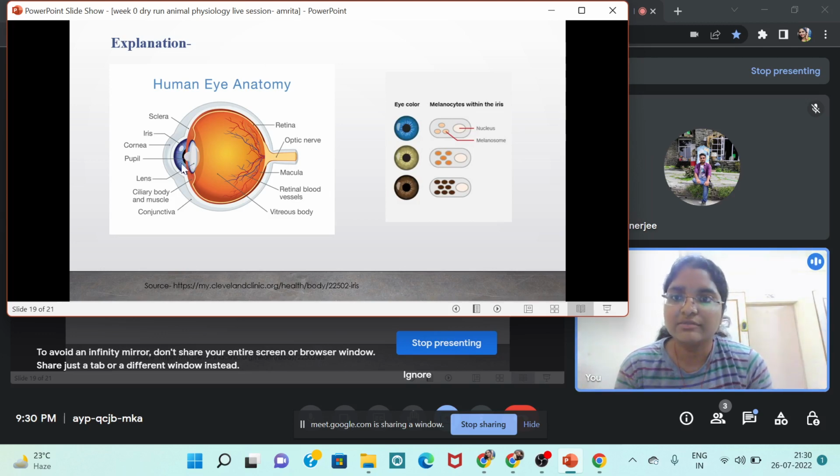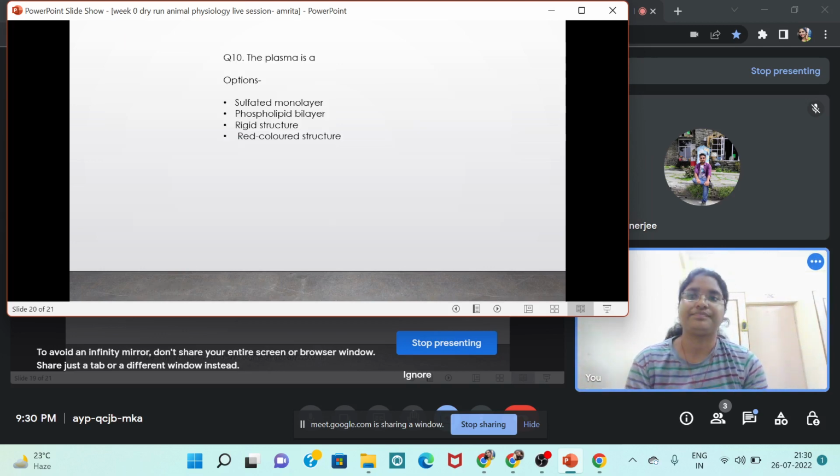Iris is the only one which shows the color of our eye, which is visible from outside. The color of our eye varies from person to person because of the iris. Some have blue eyes, some have brown, some have black. This is because of the melanocytes present within the iris. So the correct option is iris.